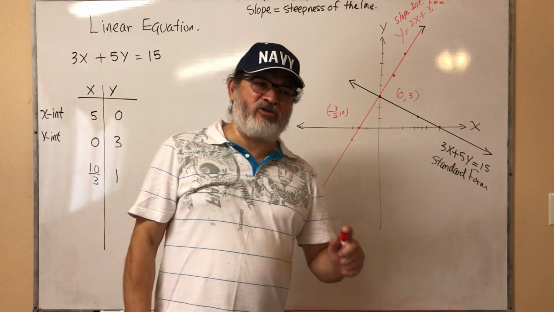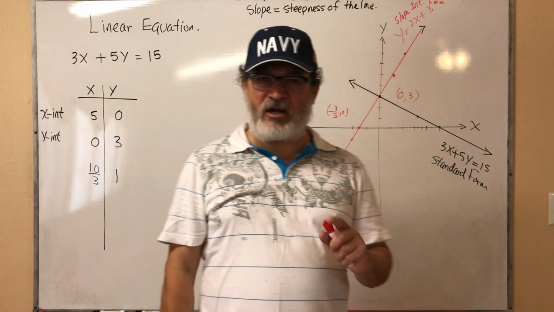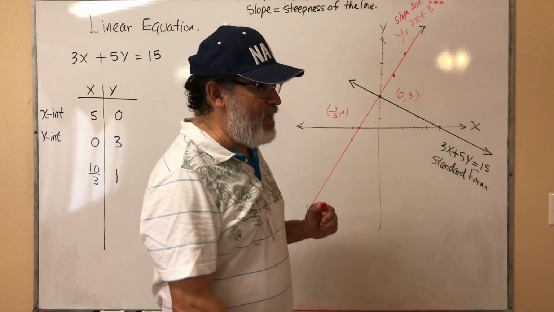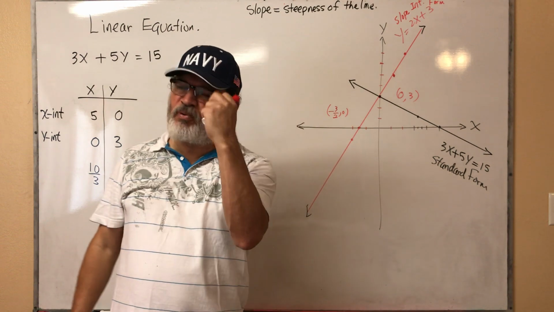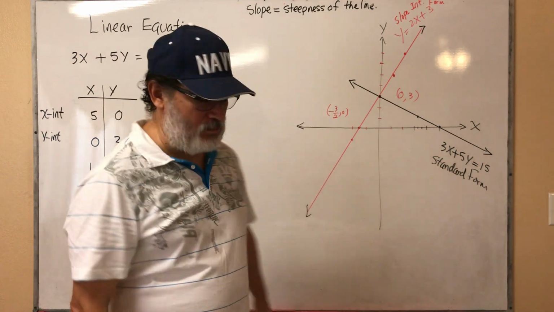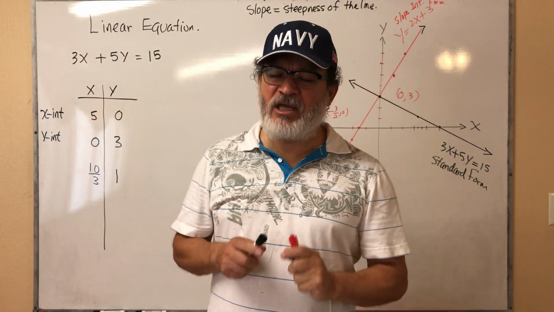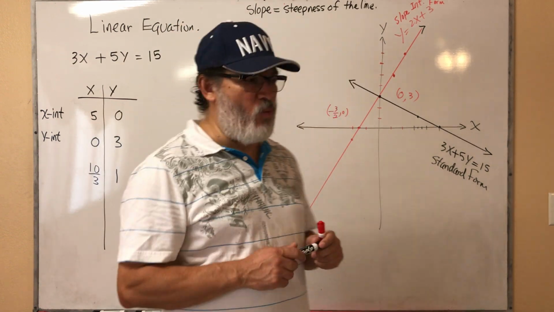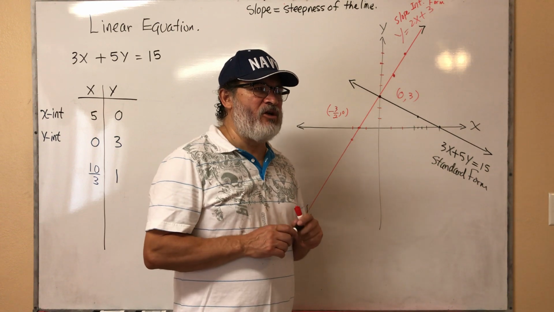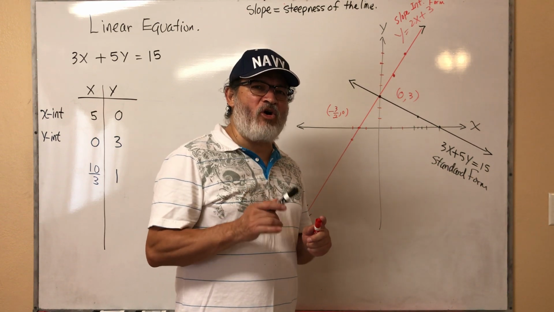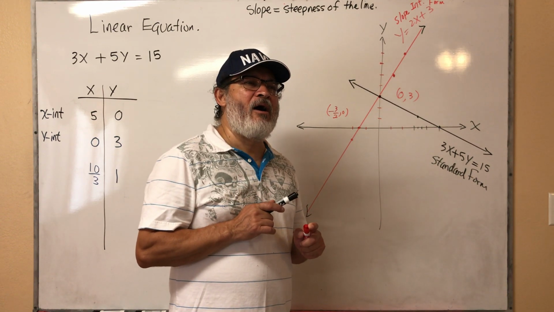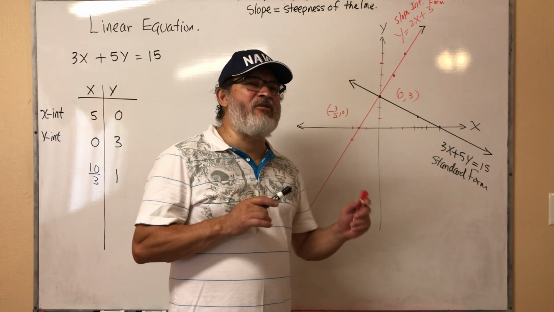The slope we measure by the rise over the run, okay? To measure the slope, you need 2 points. Once again, to measure the slope, you need 2 points. And once you have 2 points, you can do the rise over the run from either point.